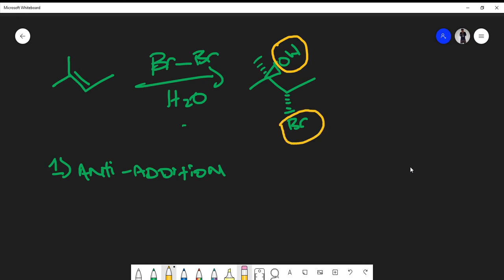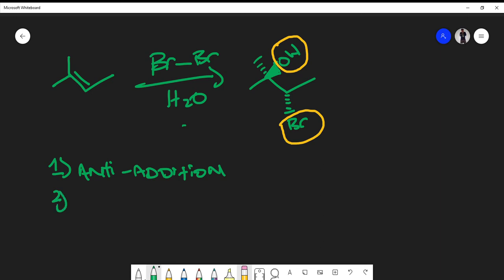In this case, we're using bromine, so we're going to add a bromine, and we're using water, so we're going to add OH. Anti-addition is the idea that the OH group is coming out at us with respect to the stereochemistry, whereas the bromine group is going away. In other words, they're on opposite sides.